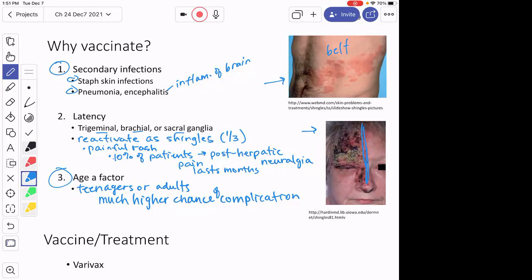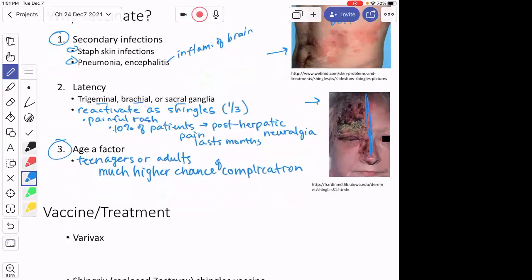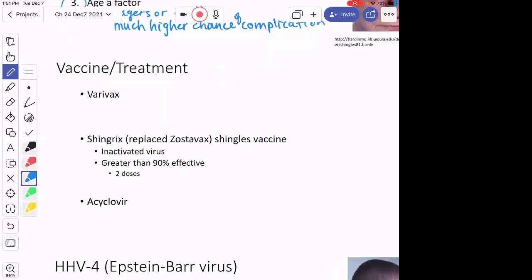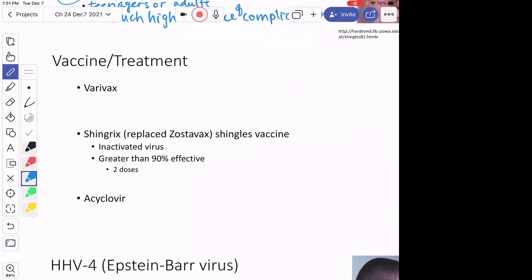All right, questions so far about chickenpox? All right, vaccine. What does a vaccine look like if that's so important to get? So the chickenpox vaccine is called Varivax.